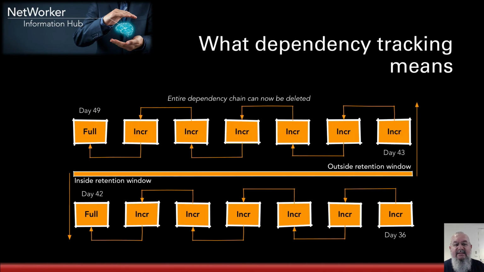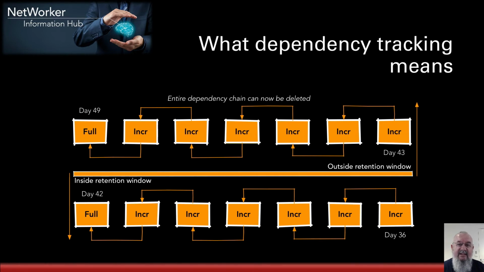So what this means is that we effectively only delete backups in terms of retention period when an entire dependency chain can be deleted. So in this case, we've moved on effectively another week, and we now have a broken chain.